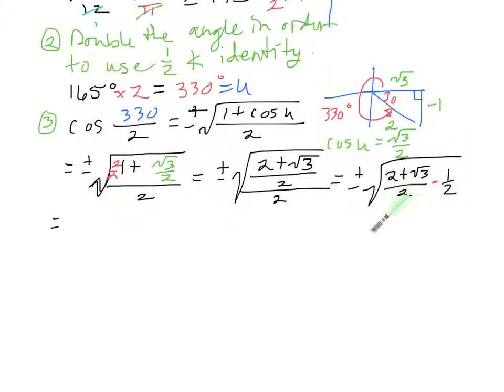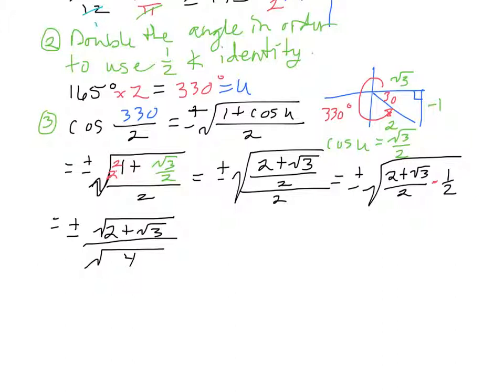When you take the square root of a fraction, can't you take the square root of the numerator separately from the square root of the denominator? True or false? True. So I'm going to split that up. I'm going to take plus or minus the square root of the numerator, 2 plus the square root of 3, all divided by the square root of, when you multiply 2 times 2, you get 4.